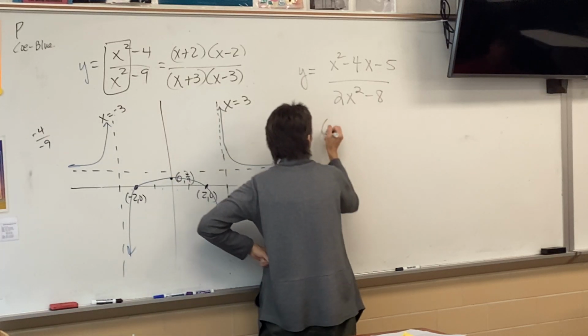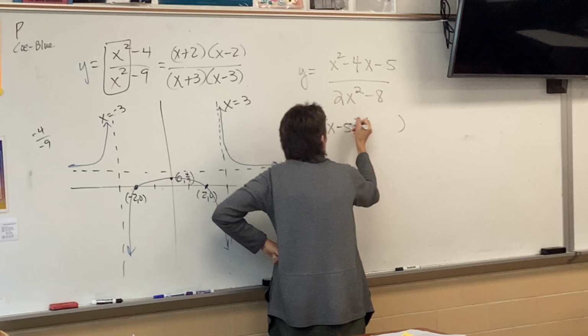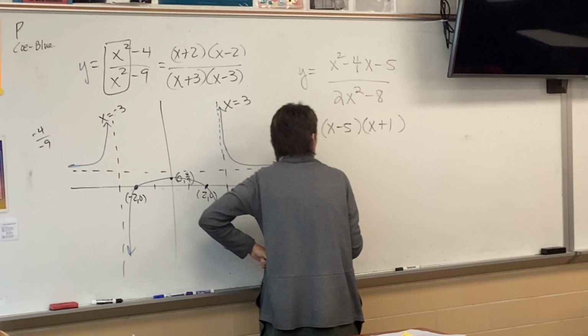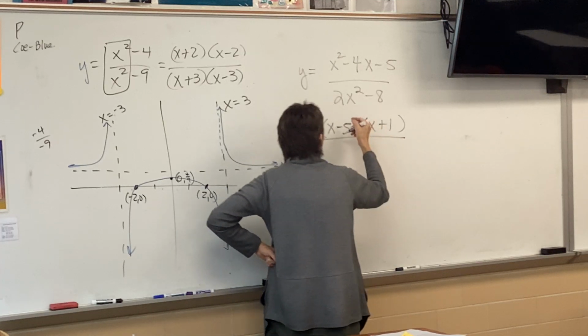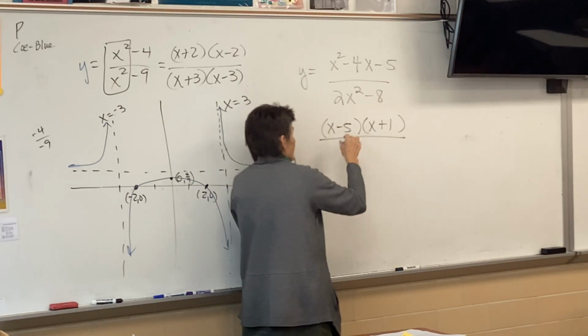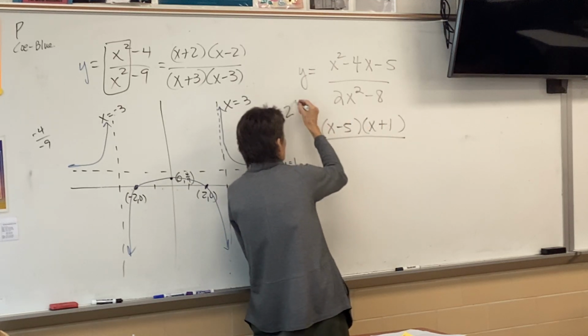So the top is gonna factor as x minus 5 times x plus 1. Now be careful on the bottom. Right away, do you see a GCF? Yeah. So take out that 2.